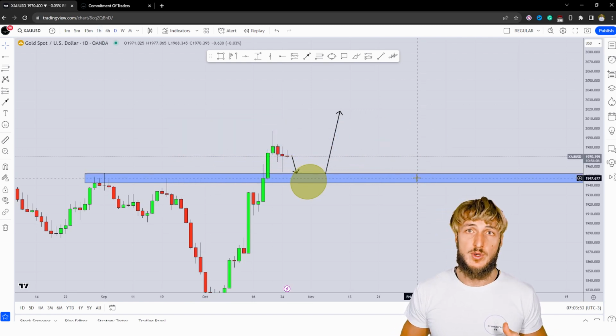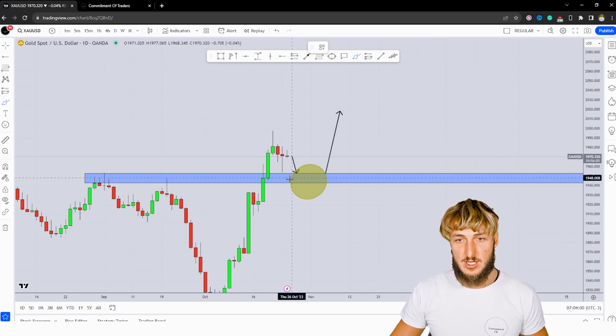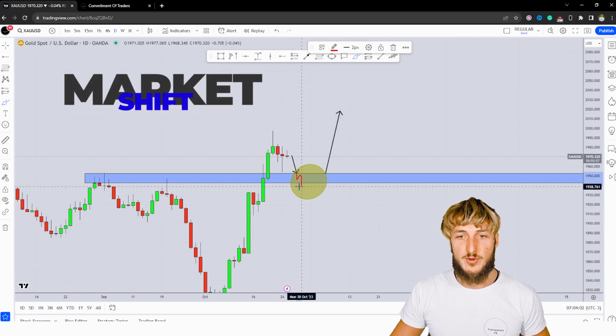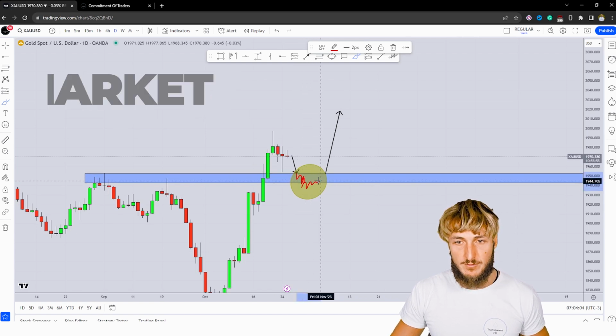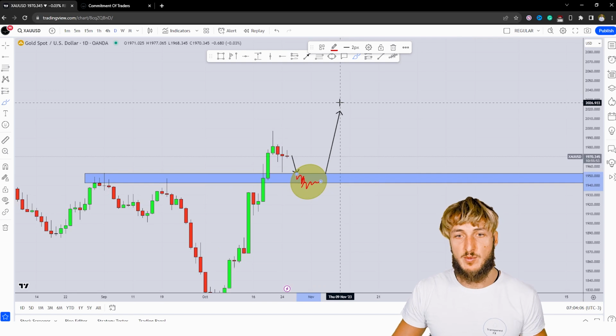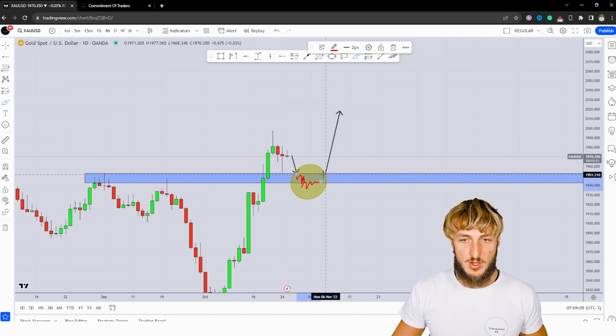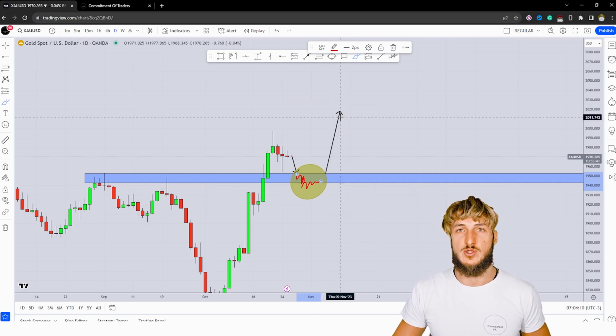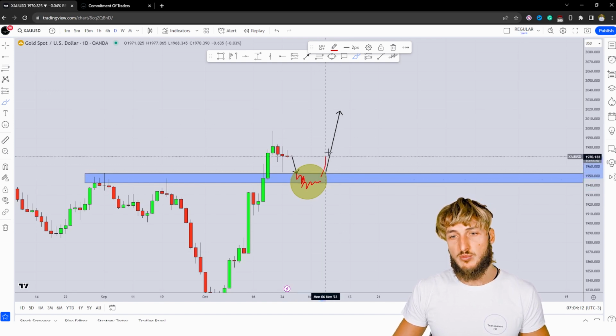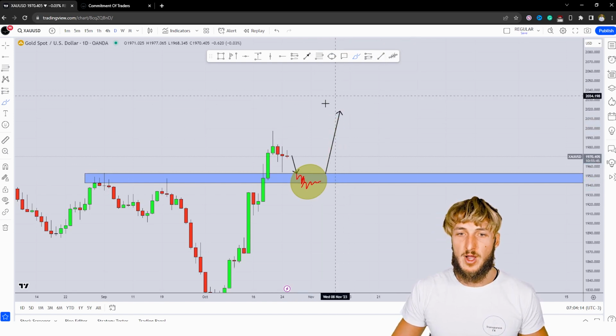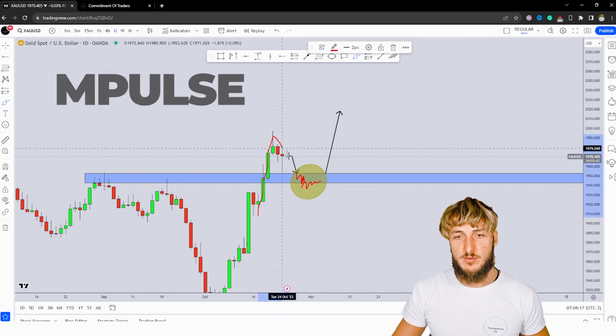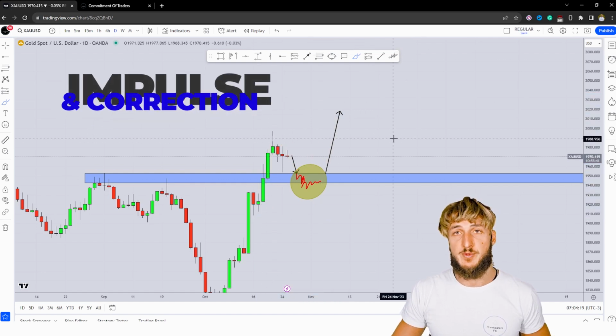Therefore, what we could be doing, potentially also with students, is monitoring price action from an intraday perspective during this move to the downside, waiting for the market to shift from an intraday bearish market to an intraday bullish market. And if the market would shift and provide to us one of our valid entries, at that point we could be looking for a potential move higher for the market to complete this impulse, correction and impulse pattern to the upside.